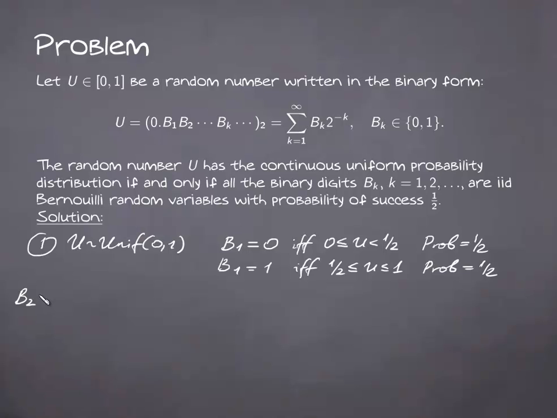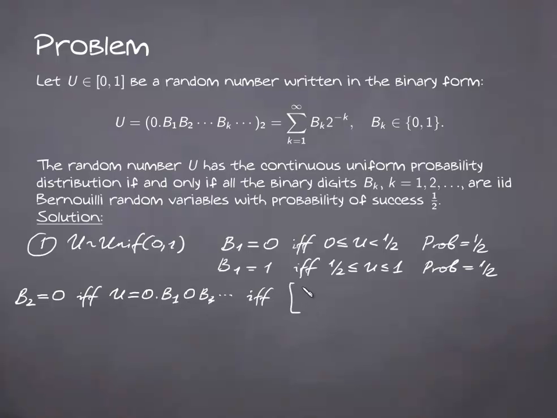Again there are two possibilities for the digit, and let's consider the case that b2 is 0. This happens if and only if u has the following form: the first digit can be any digit, then we have 0, and then we have other digits. In this case there are two possibilities for b1.